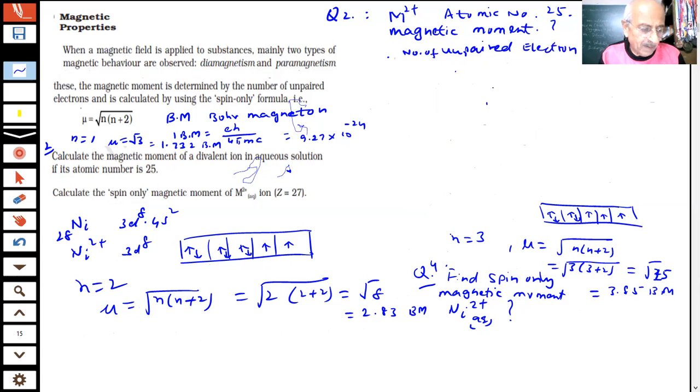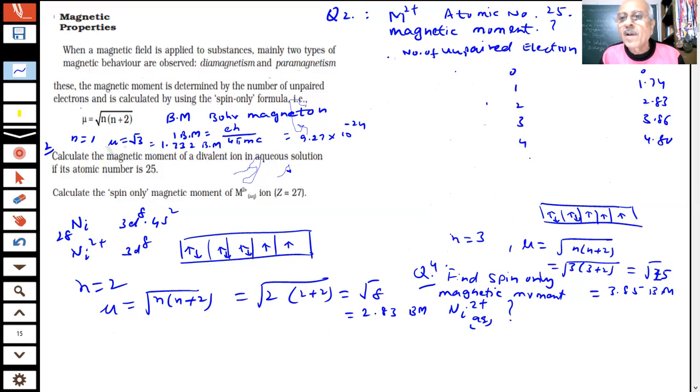If you have 0 unpaired electrons, it is 0. If you have 1 unpaired electron, it comes to around 1.74. 2 unpaired electrons, it comes to around 2.83. If there are 3 unpaired electrons, students, then it comes to around 3.86. For 4, it comes to around 4.80.